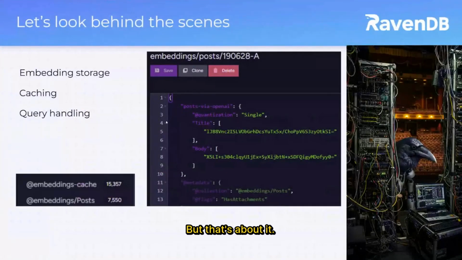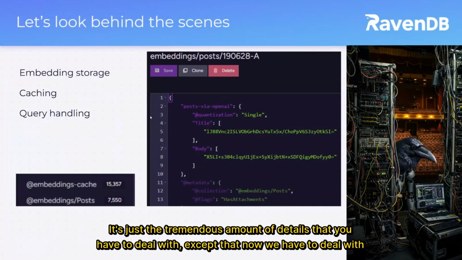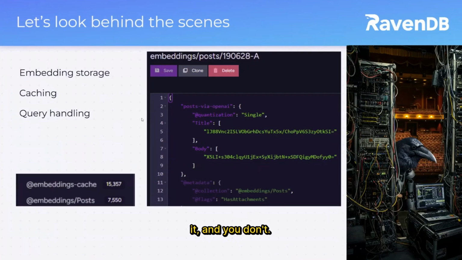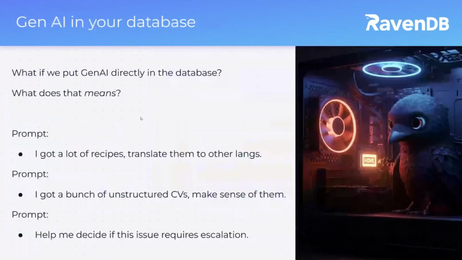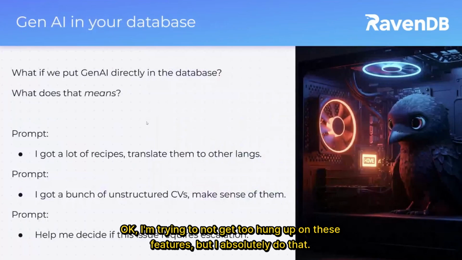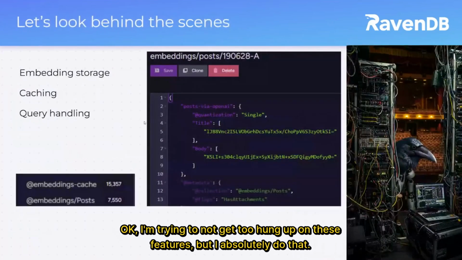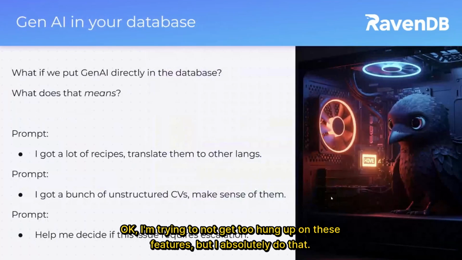This is what happened behind the scenes. It's not that scary. It's just a tremendous amount of details that you have to deal with, except that now we have to deal with it, and you don't. Okay, I'm trying to not get too hung up on these features, but I absolutely love it.